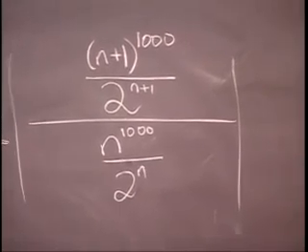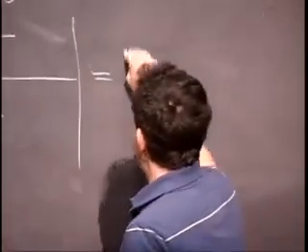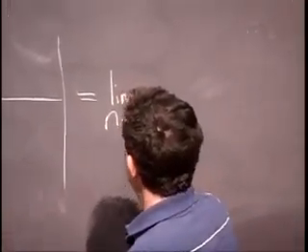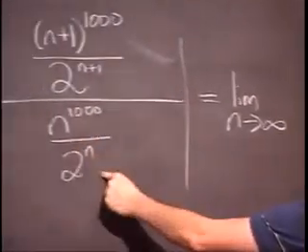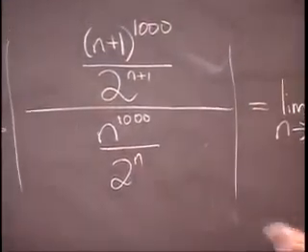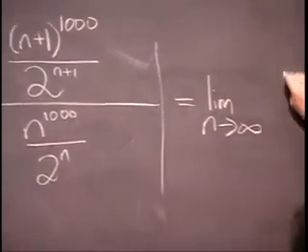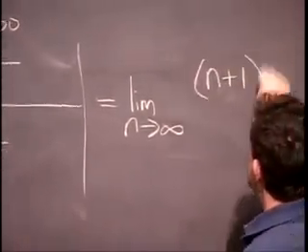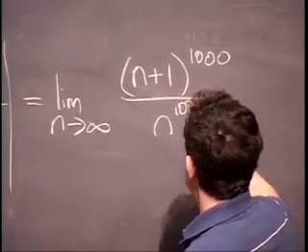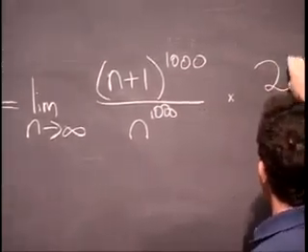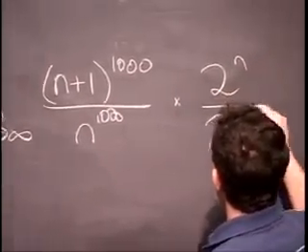All right, so now what? Well, let's drop the absolute values because everything is positive. And we'll also invert and multiply so that the 2 to the n comes on the top and the n to the 1,000 is on the bottom. And if I group them appropriately, I have (n+1) to the 1,000 over n to the 1,000, and then the 2 to the n comes all the way on the top over 2 to the n plus 1.